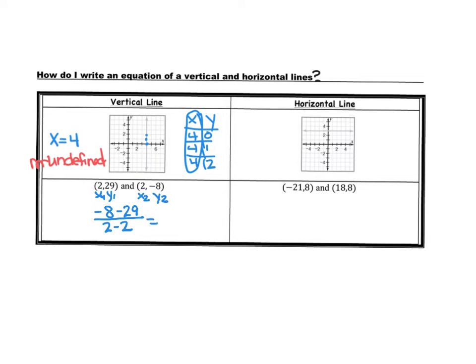All right, so we have -37, all over 2 minus 2 is 0. Now notice, when we have 0 on the bottom, that gives us an undefined slope. So right now we know that this is going to go straight up and down. So when 0 is on the bottom, we know that our slope is undefined.